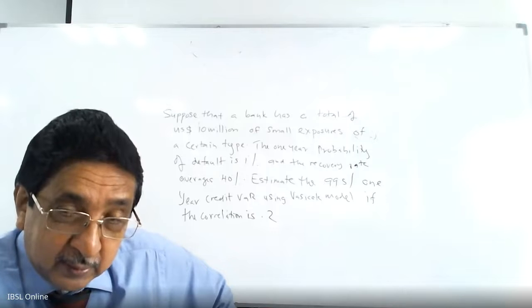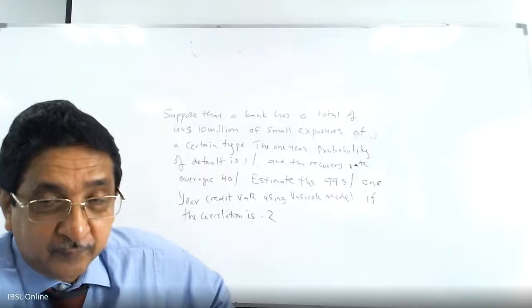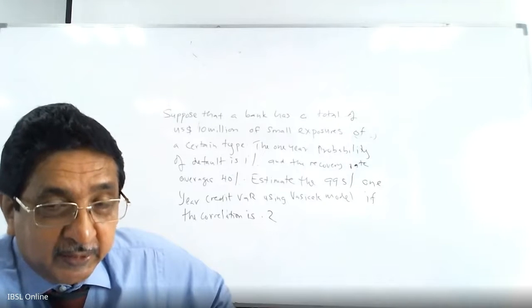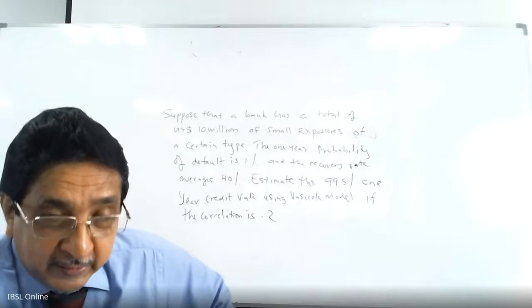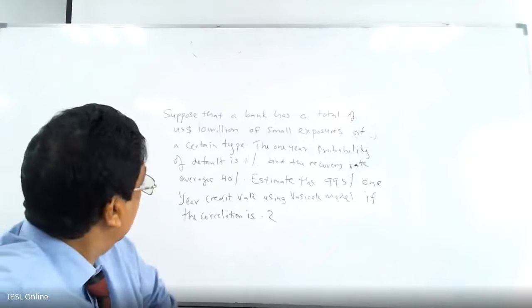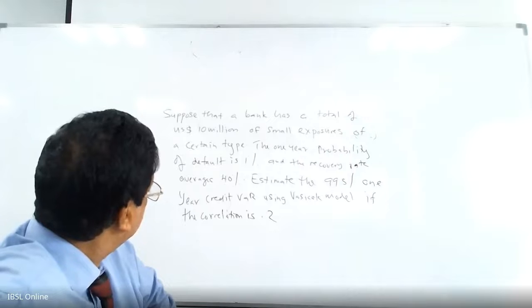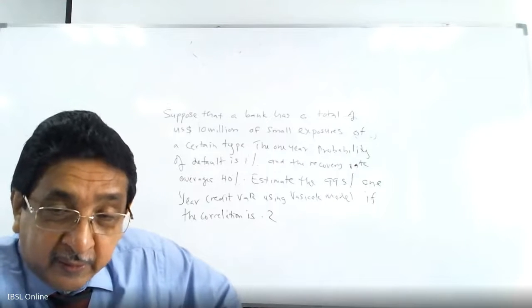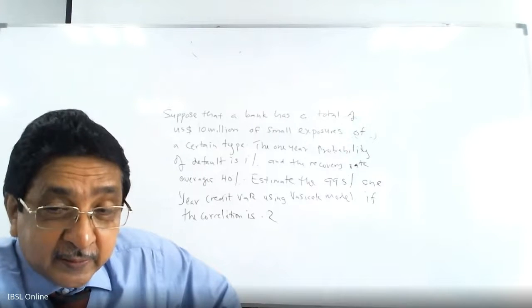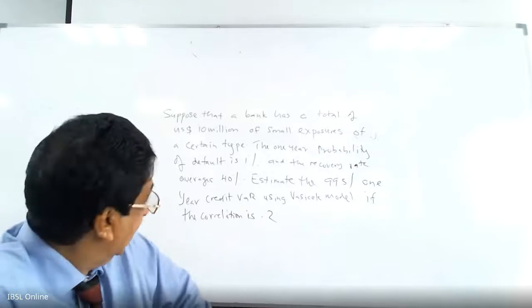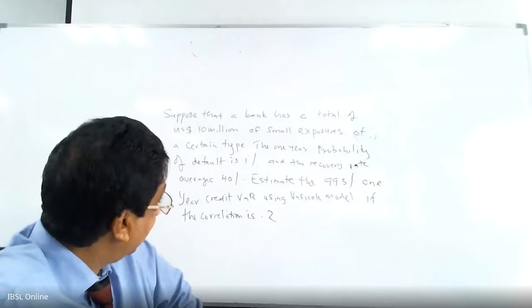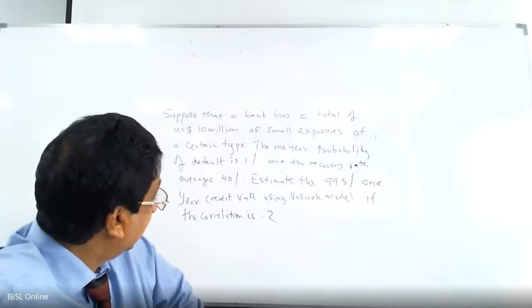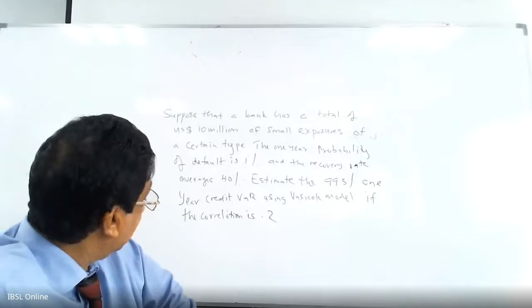It is the EDR, the expected default rate, taken as PD. And the recovery rate averages 40%. Now when you say recovery rate is 40%, the LGD is 60%. Estimate the 99.5% 1 year credit VaR using the Vasicek model if the correlation is 0.2.